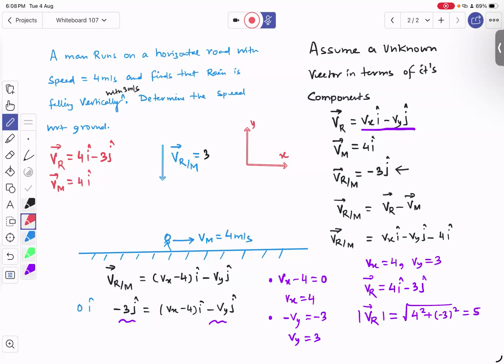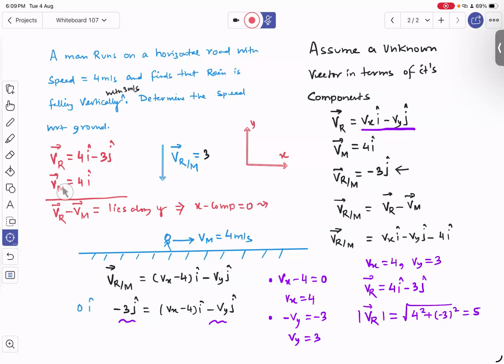Because to find VRM, I subtract VM from VR, and on finding it out, I find that it is lying along the y direction only. If it lies along y, it tells us that its x component should be 0. If this vector's x component is 0, it means the x components of VR and VM are equal. That's why it kills the x component.